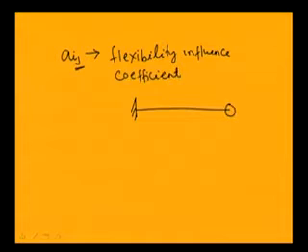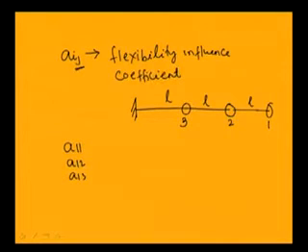In that example I took 3 masses placed at the same distance, that is L, L and L. I can take the same mass M1, M2, M3 or M. This is station 1, station 2 and station 3, and I found the influence coefficients A11, A12, A13, A21, A22, A23 and A31, A32, A33.